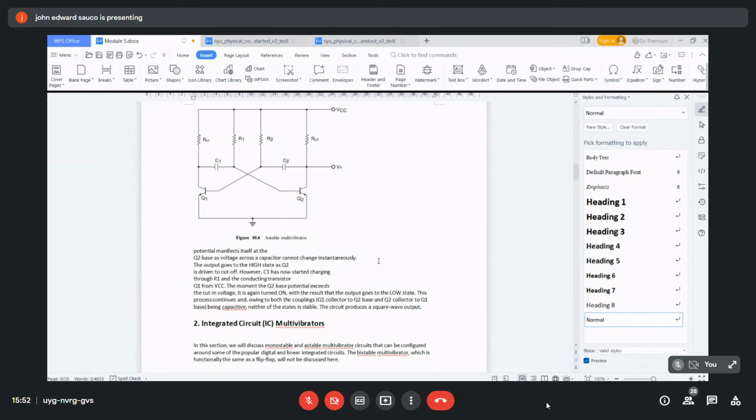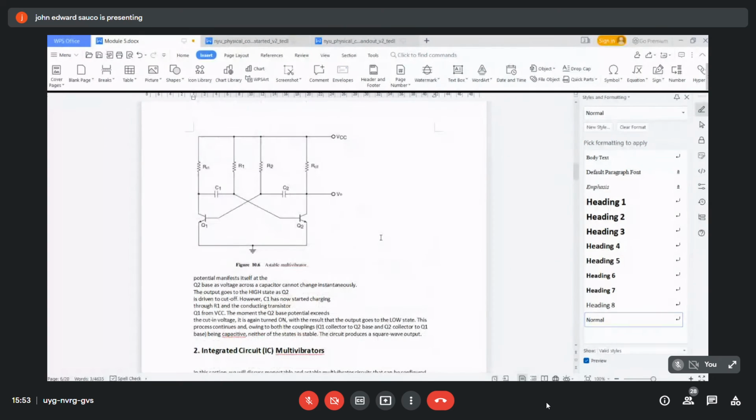The moment naman na Q2 base potential exceeds the cut-in voltage, it is again turned on, with the result that the output goes to the low state. So this process continues, and owing to both couplings being capacitive, neither of the states is stable. The circuit produces a square wave output. So yan ay continue na. Process continues, continues na continue.